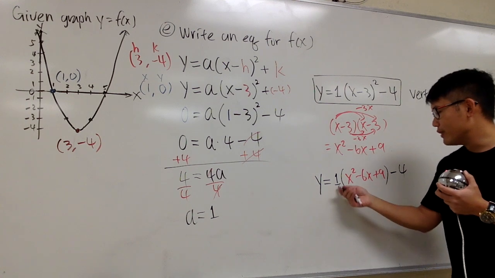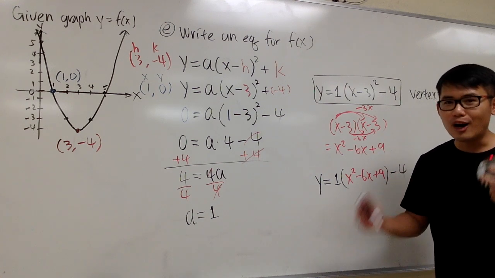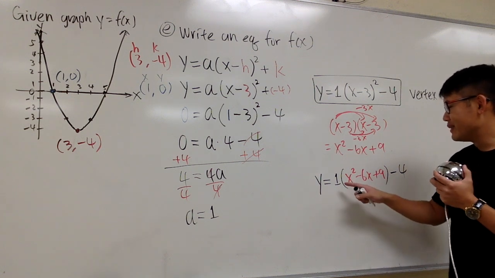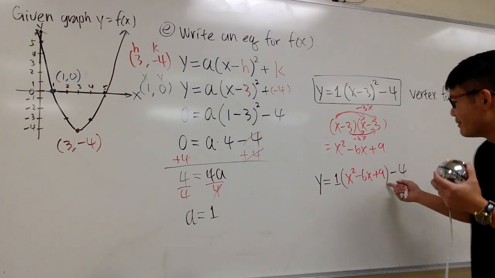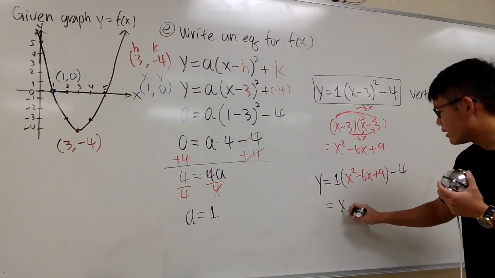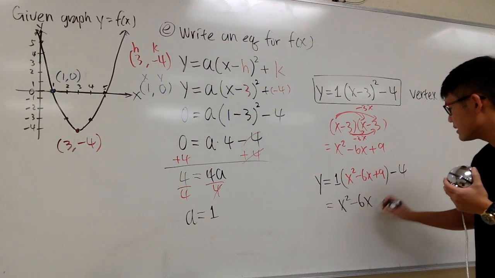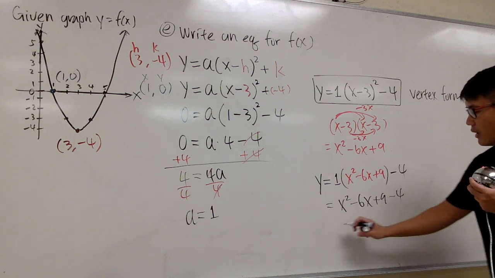And as you know, the 1 times this doesn't really matter, but I just want to show you a is not always equal to 1. If a is not 1, you have to distribute, but this is just 1, so it's the same as that, right? So we know y will be x squared minus 6x, and let me just write down plus 9 minus 4.